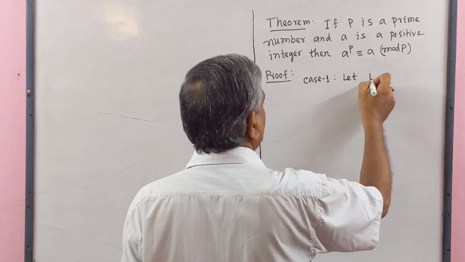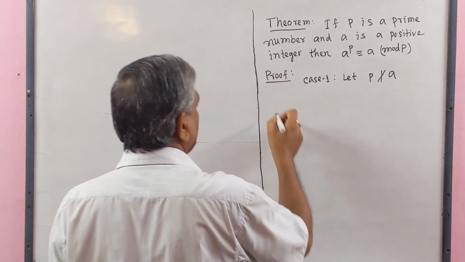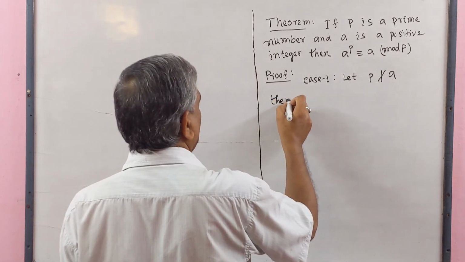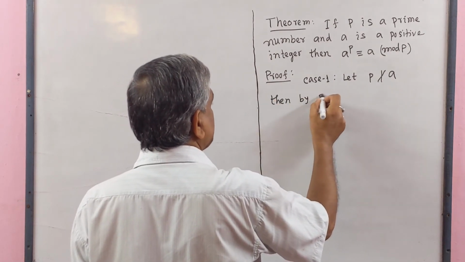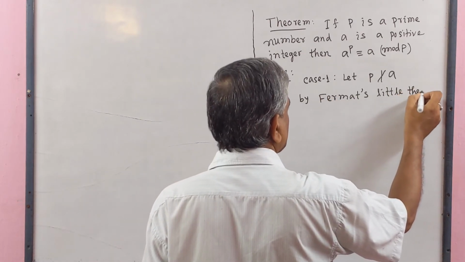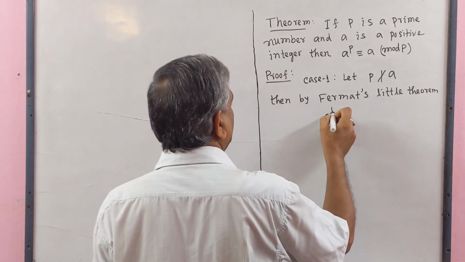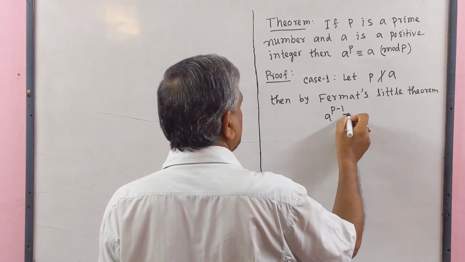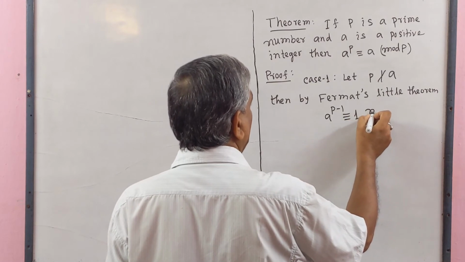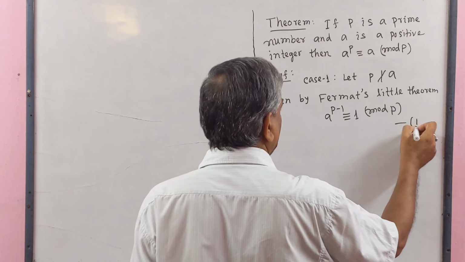Let p not divide a. Then by Fermat's little theorem, a to the power p minus 1 is congruent to 1 modulo p. Let this be number 1.